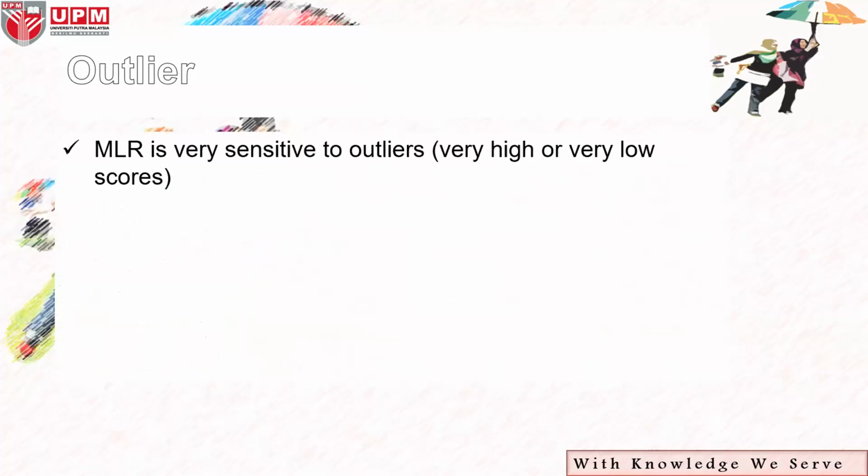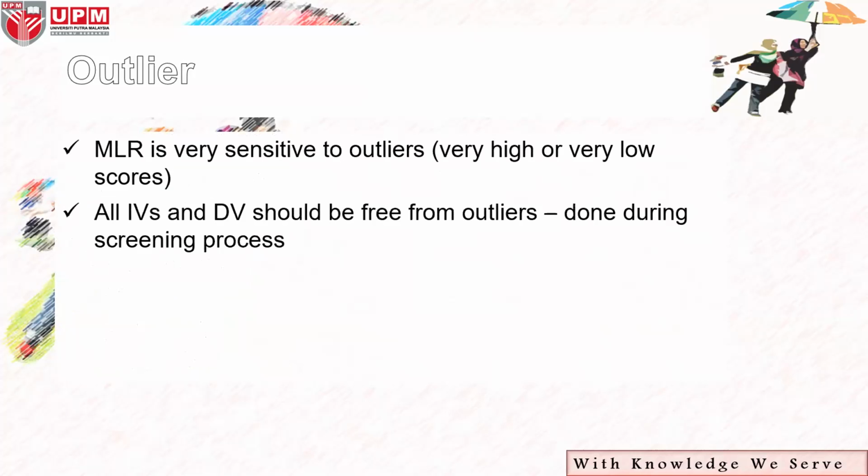Okay, so outliers. MLR, multiple linear regression, is very sensitive to outliers, so very high to very low scores. Outliers refer to scores that are very high, beyond the majority, or below the majority in our data set. So all IVs and DV should be free from outliers.